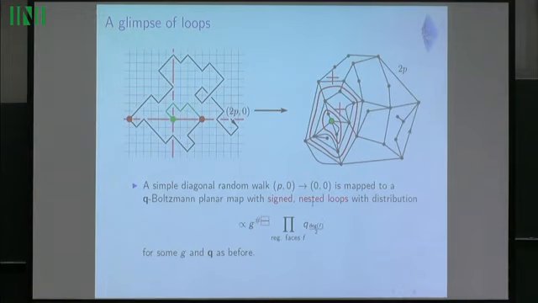But if I forget about this decoration and take my walk to be random, then what I get is a Boltzmann planar map together with these nested loops sitting in there. And in fact, all the loops carry signs, because the walk can end at the top or the bottom of the axis and both encode the same map. So I have to record whether it hits from the top or the bottom, and I do that by putting signs on these loops.